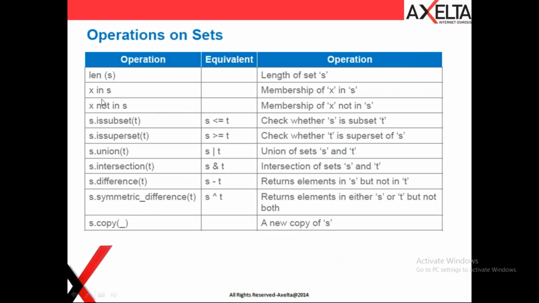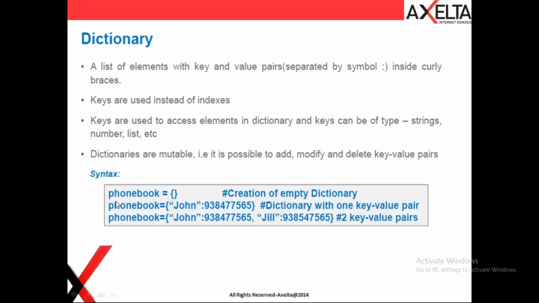You can test whether an element is in the set or not, whether it is a subset of T, whether it is a superset. You are very familiar with all these things; only they are in the form of functions and operations. It is equivalent to these statements. You can also make a copy of a set like this. So this is something about sets.